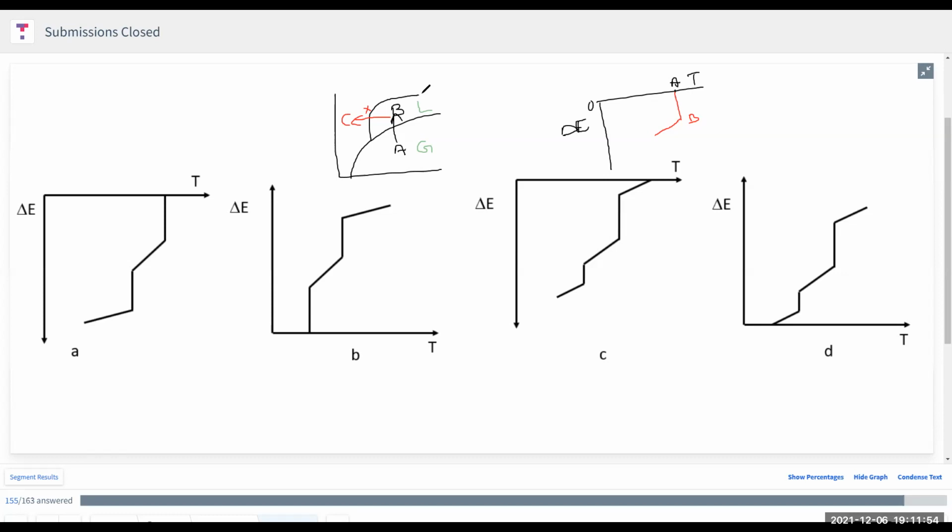Same thing over here, right? So when the phase transition happens, temperature remains constant, but still the liquid is becoming a solid. That means potential energy decreases. Therefore, you're going to have a vertical line going down like this, indicating the potential energy decreases even though temperature remains constant.